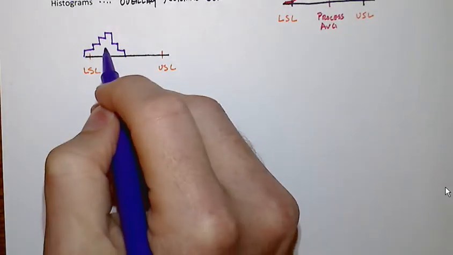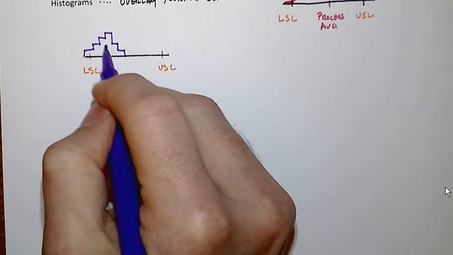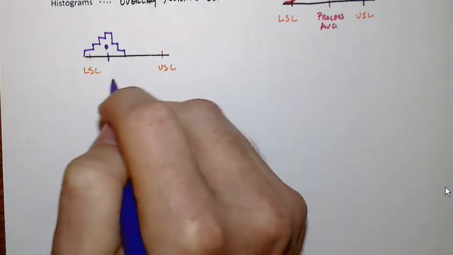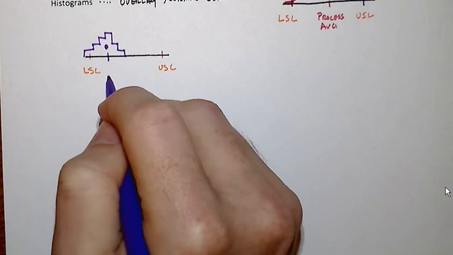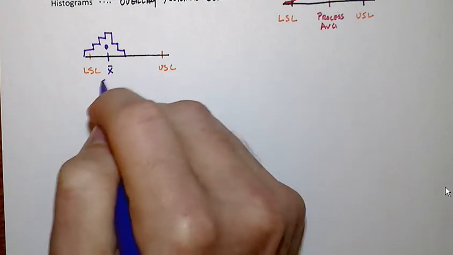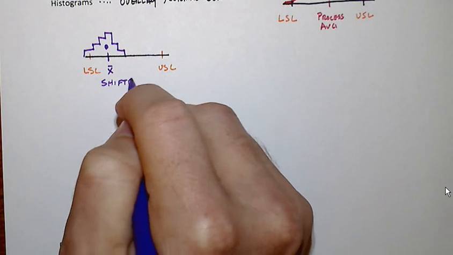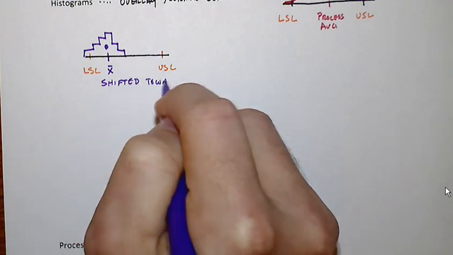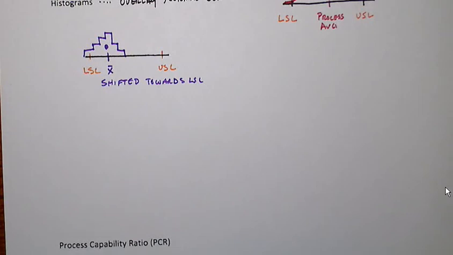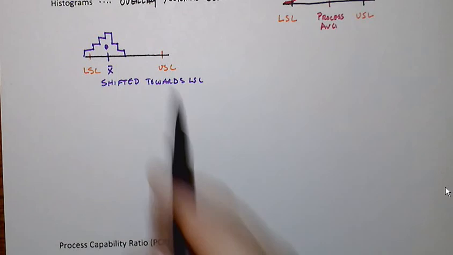Clearly the center of mass of this histogram is over, so the process average is not in the center, it's shifted towards one of the limits, in this case the lower, then hey, there might be a particular issue in our process that we need to think about investigating further. And of course you could have one on the other side as well.